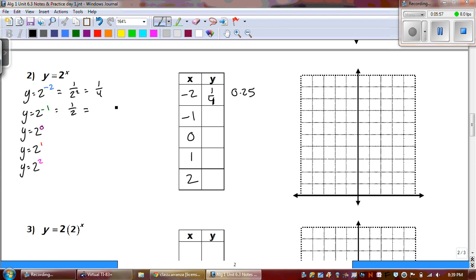I'm going to drop it like it's hot. Well, 1/2. Sweet, I don't have to do anything else. So I'm going to plug in 1/2, and that is also 0.5. Exponent 0, my base turns into 1. 2 to the first power is 2, and 2 squared is 2 times 2, which is 4.